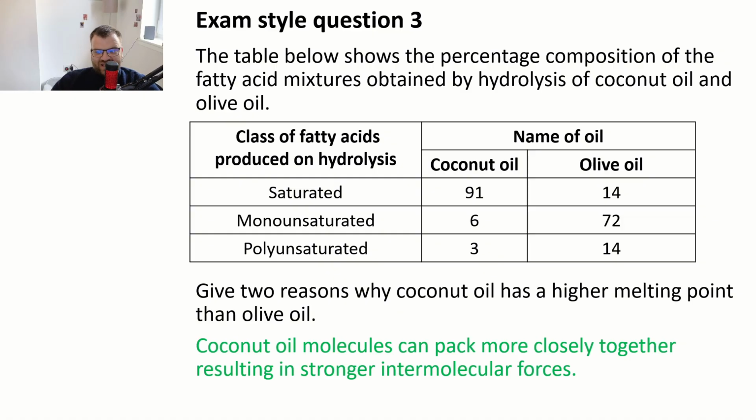This is one of those cases where anything with a higher melting point has to have stronger intermolecular forces. That's almost a given in any type of question to do with melting points and boiling points. And with fats and oils, it's to do with the packing. So closer packing, stronger forces, more carbon-to-carbon single bonds rather than double bonds, that kind of idea. Help pick up the marks for those ones.